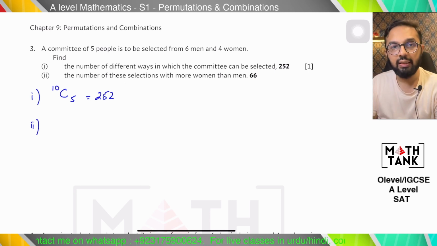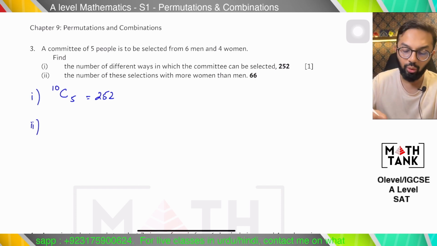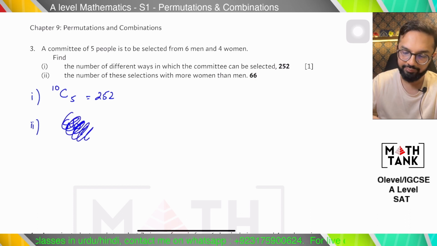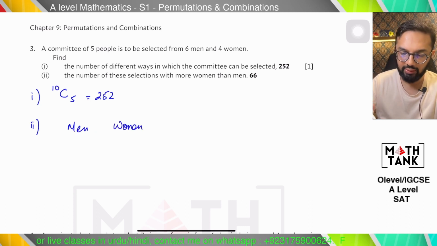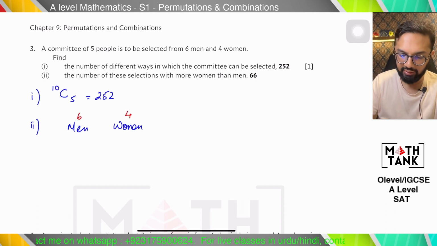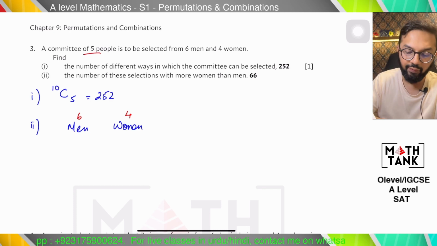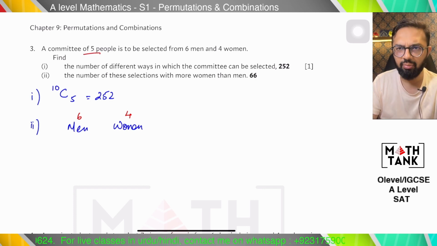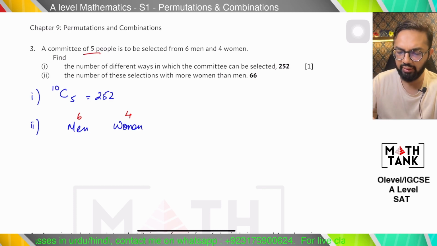Then in the second case, the number of these selections with more men than women. So I'm going to write men and women. More women than men, sorry. 6 and 4. So I want more women than men and I want a total of 5 people. So what is the maximum number of women that I could have in this committee?